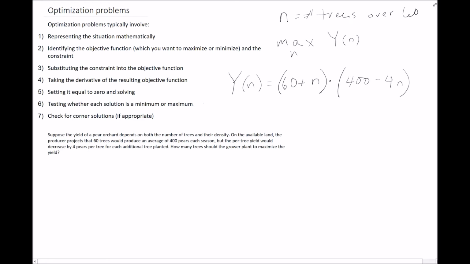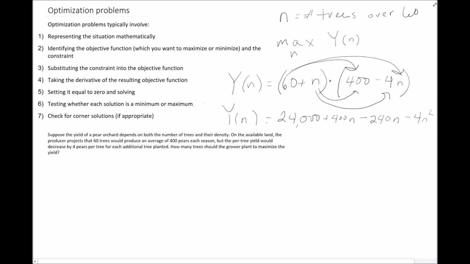Okay, this is simply a product that we can go ahead and FOIL to find the objective function. So I get y of n is equal to 24,000 plus 400n minus 240n minus 4n squared.